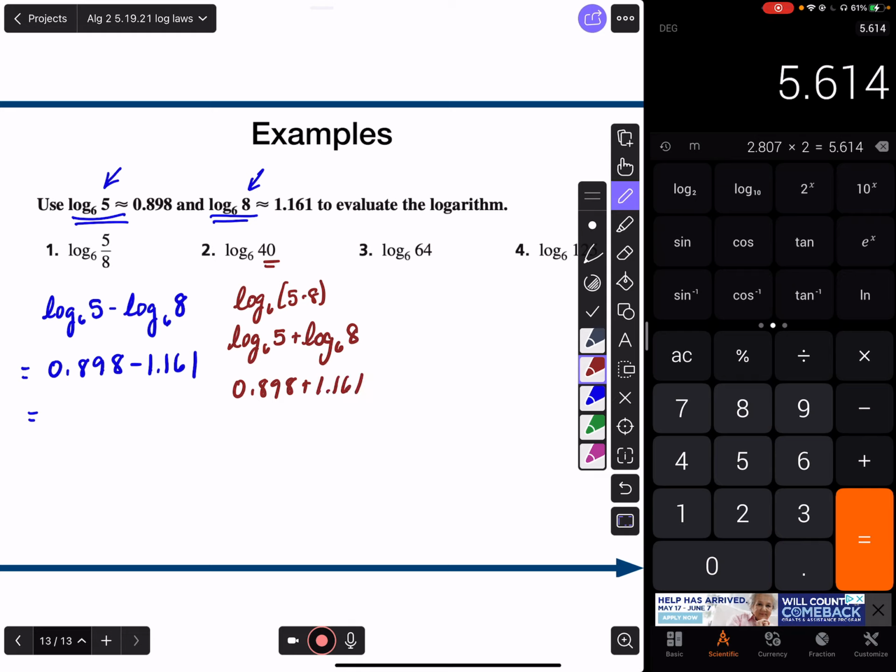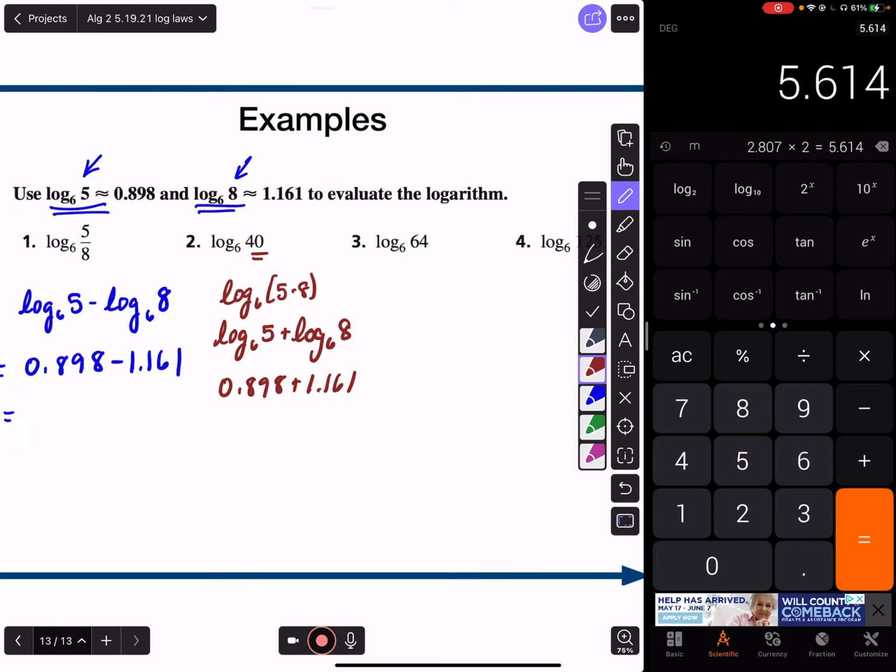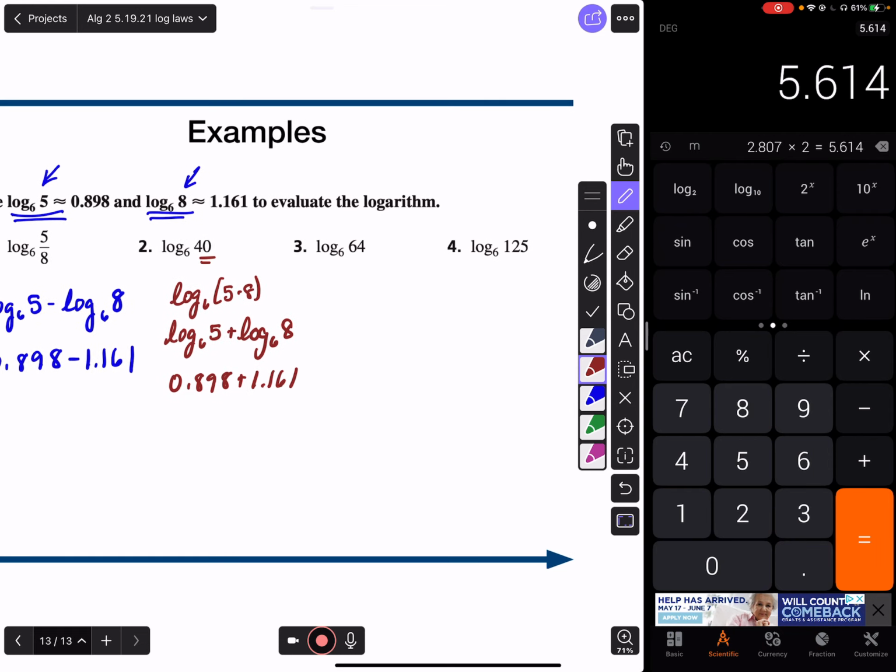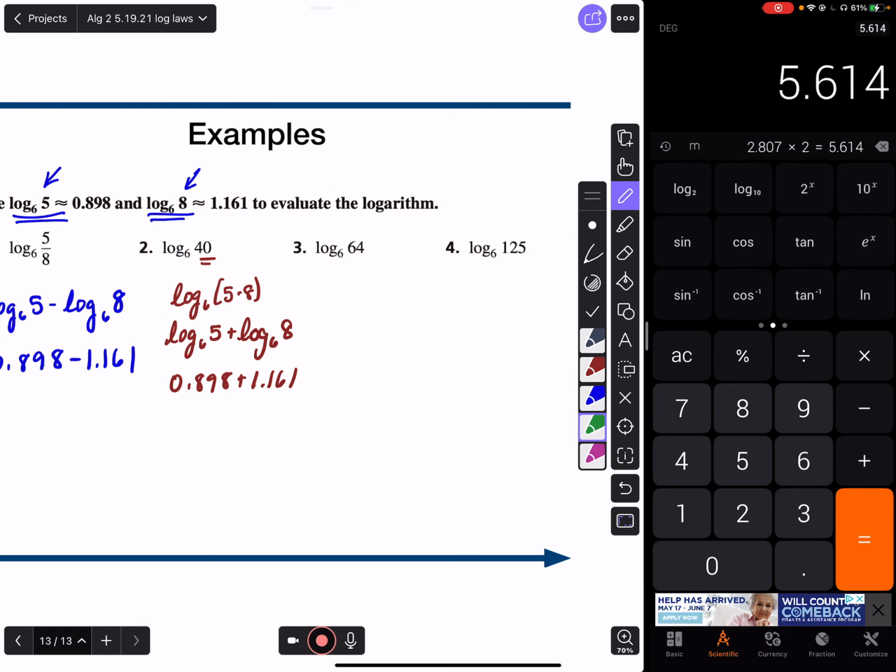Get out your calculator, add the two together. Problem 3: log base 6 of 8 squared. So I bring the 2 out front. It's the power property. So it's going to be 2 times log base 6 of 8, which is 1.161. Multiply those, you'll have your solution.